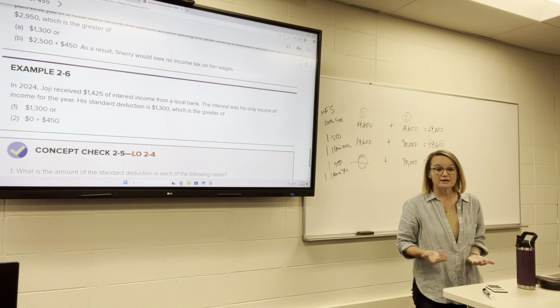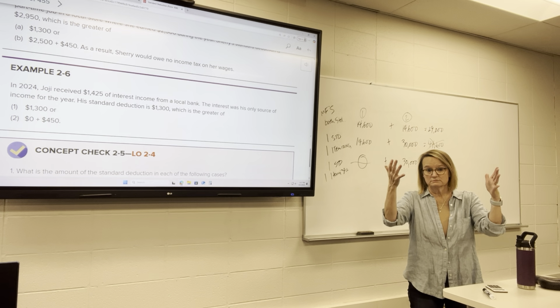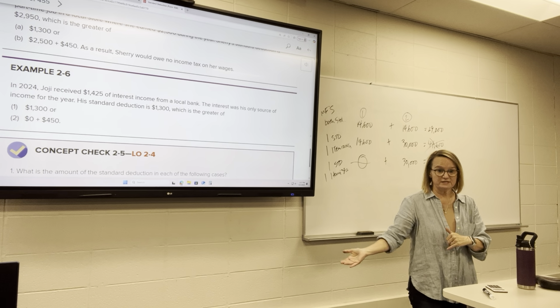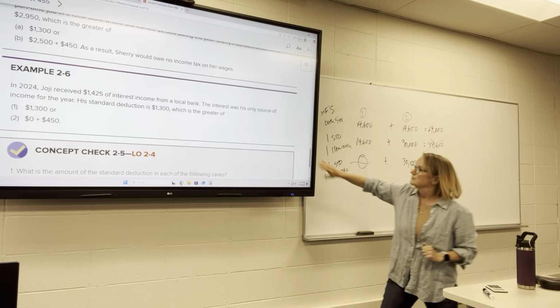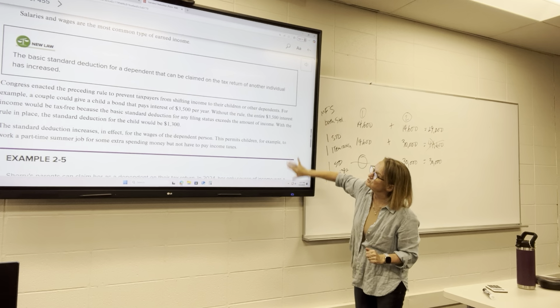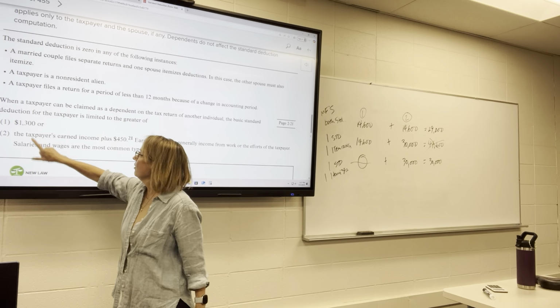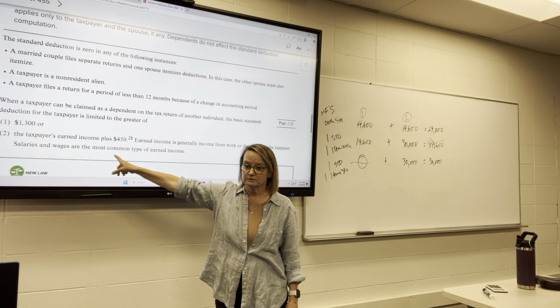So if you got $10,000 of earned income as a child, you worked at Fairway, then your standard deduction is gonna be $10,450, because that's larger than $1,300. So remember, it's gonna be the larger of the two, either $1,300 or the earned income plus $450.